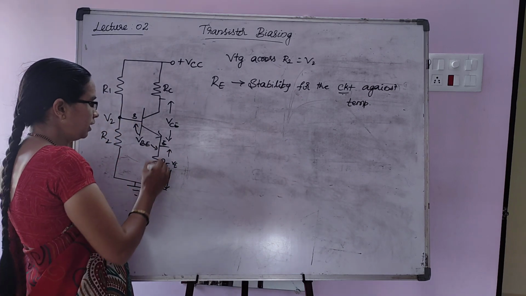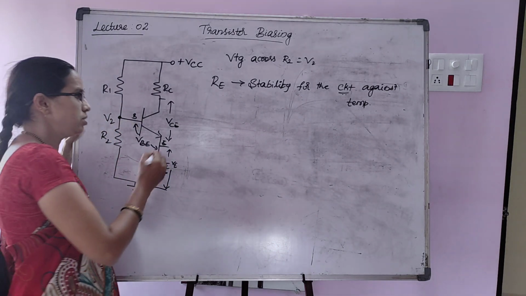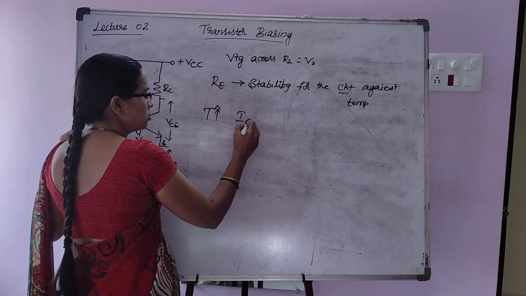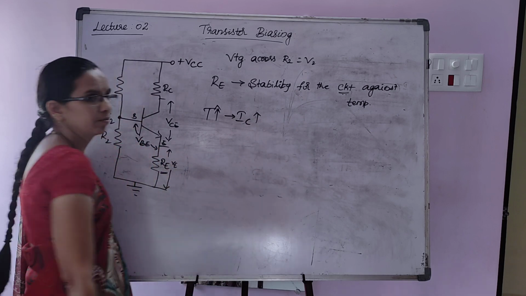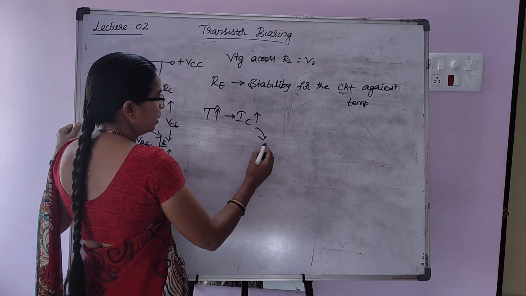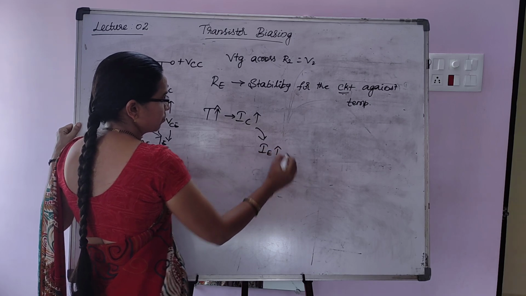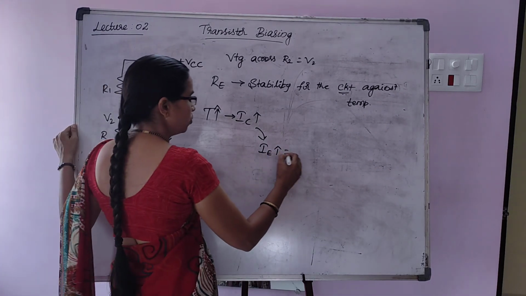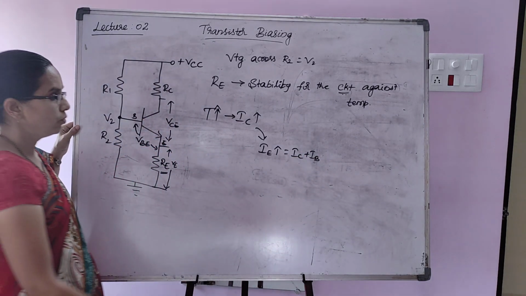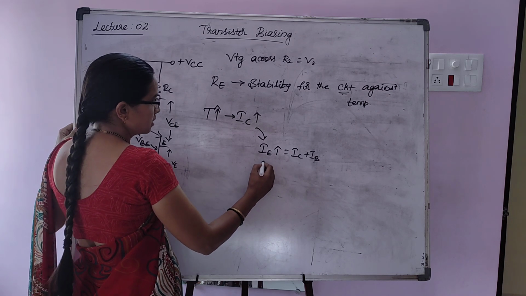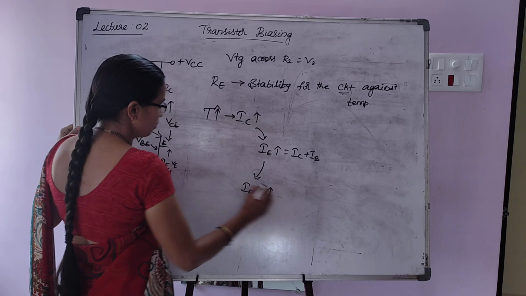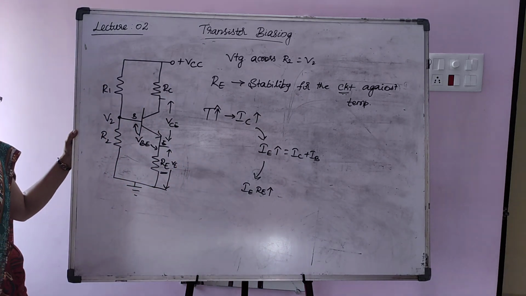So how does RE stabilize? When the temperature increases, IC also increases. If IC increases, then IE also increases, because IE is equal to IC plus IB. If IE increases, the voltage drop IE RE across this resistor also increases.